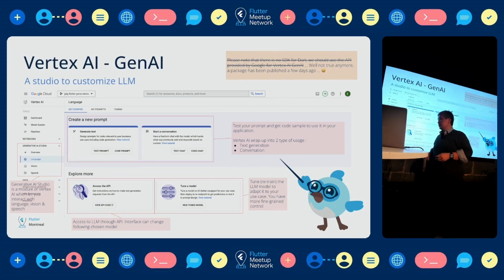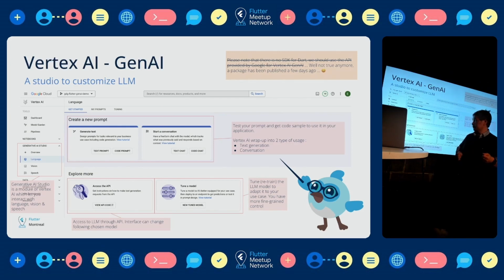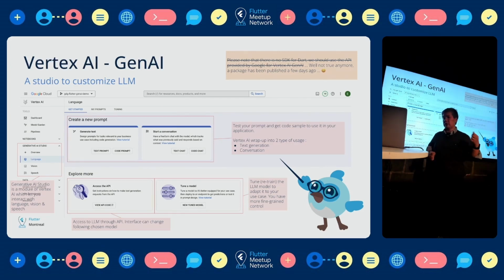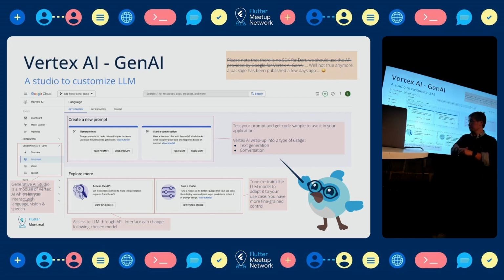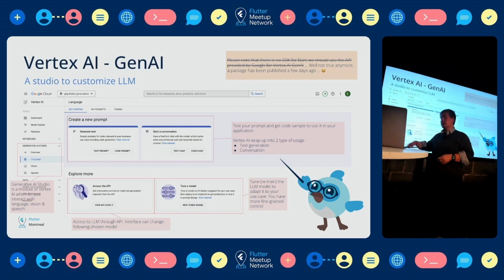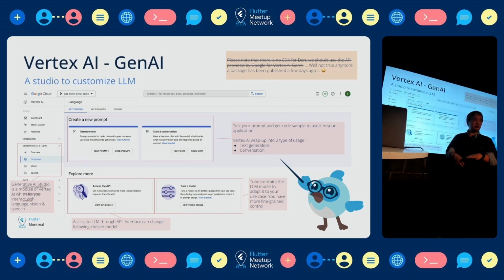Language is how you are going to use text to do some generative AI. Vision is like Adobe Firefly: you ask a question and it generates an image. The third one is speech, to do text to speech or speech to text with a voice that you can define and so on.